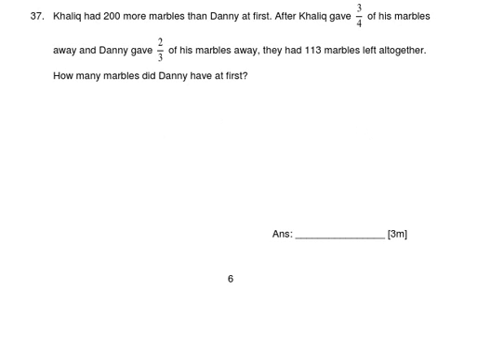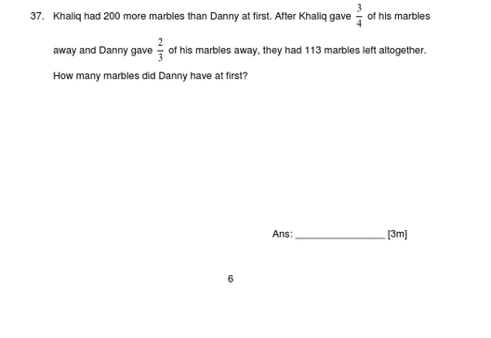So next question. Khalid had 200 more marbles than Danny at first. After Khalid gave 3/4 of his marbles away and Danny gave 2/3 of his marbles away, they had 113 marbles left altogether. How many marbles did Danny have at first?